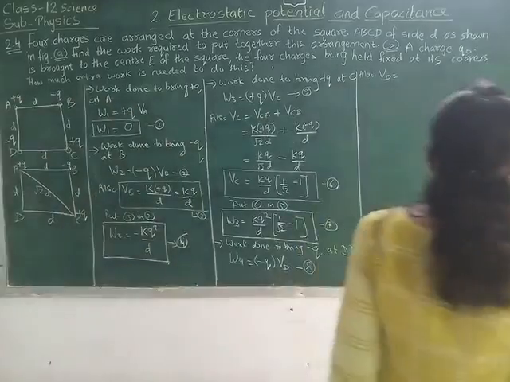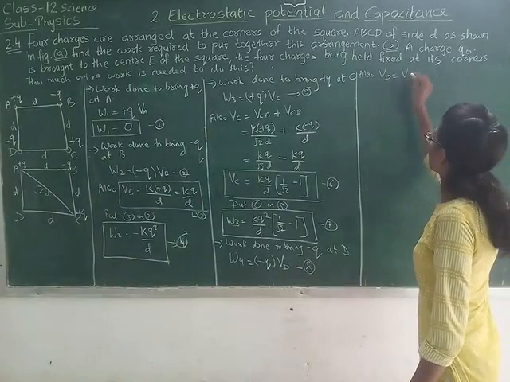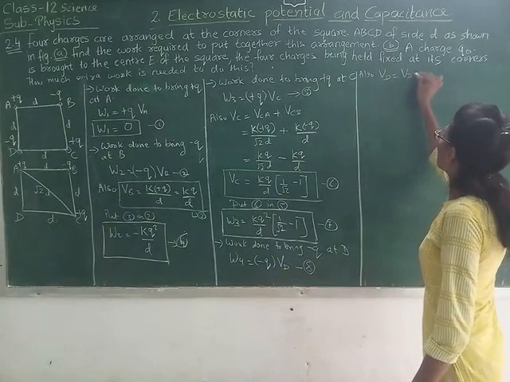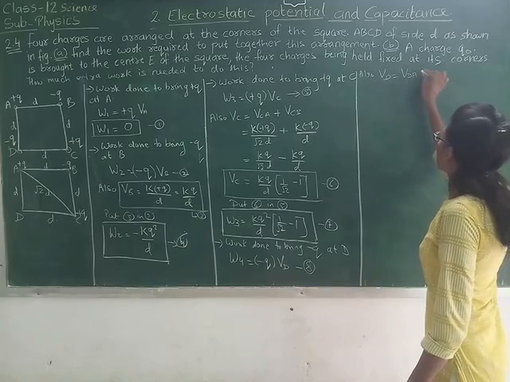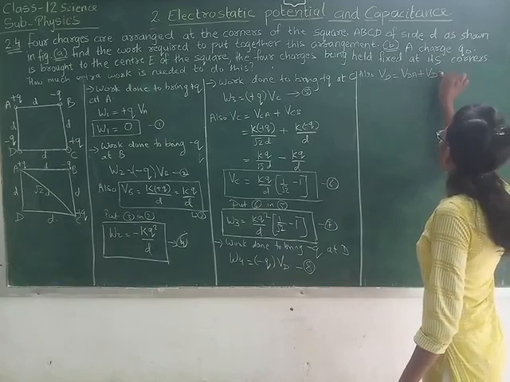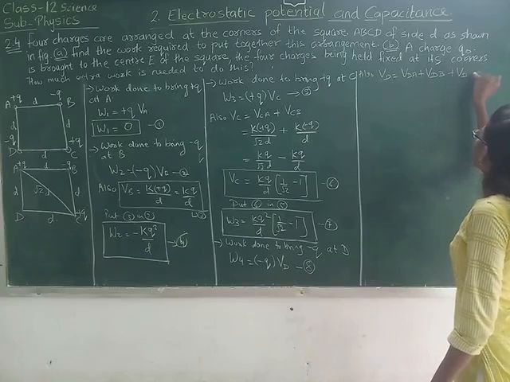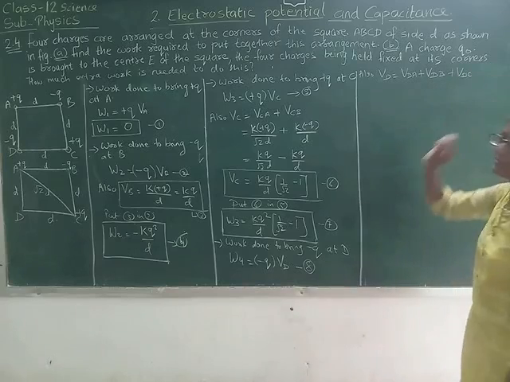And summing that, we get the total potential at D. So let us write that. Potential at D is equals to potential at D due to the charge at A plus potential at D due to charge at B plus potential at D due to the charge at C.